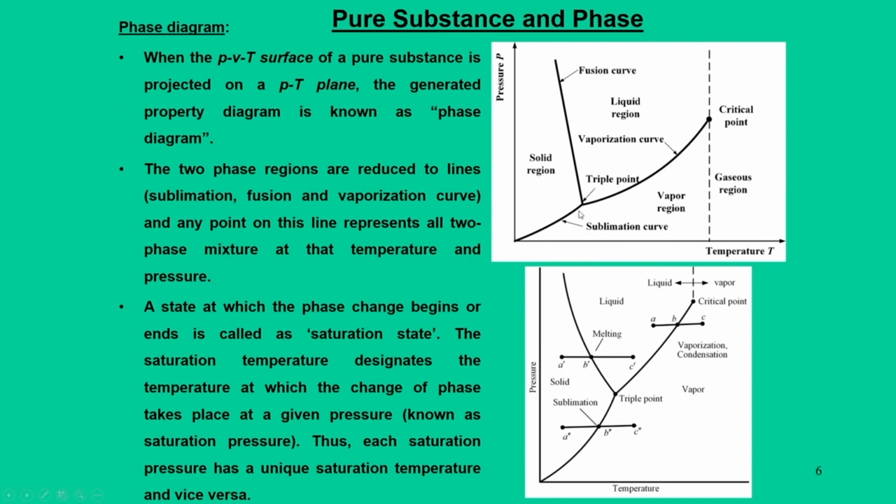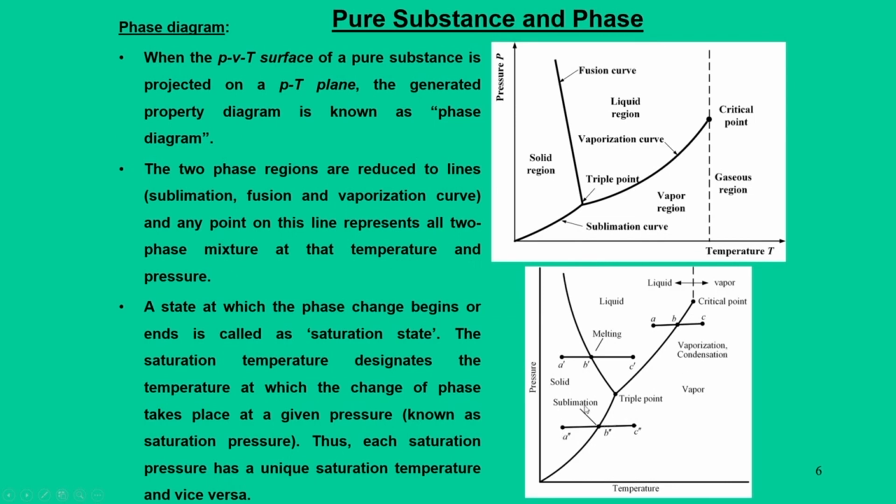On these PT diagrams, we also define a point we call the triple point, where all three states of matter coexist. When you talk about the critical point, at that point liquid and vapor coexist. Similarly, solid goes to liquid or liquid goes to solid, melting or freezing; liquid goes to vapor or vapor to liquid, we call vaporization or condensation.